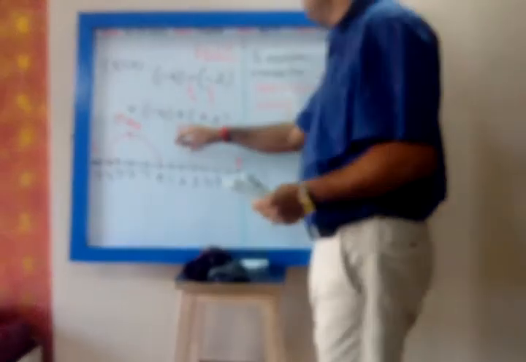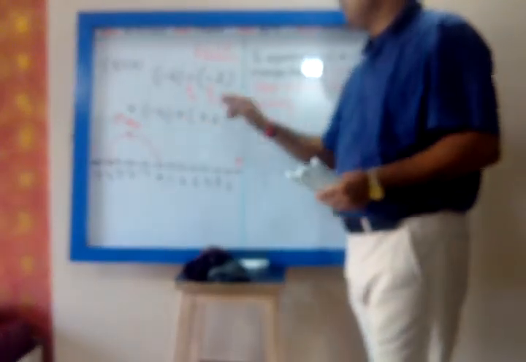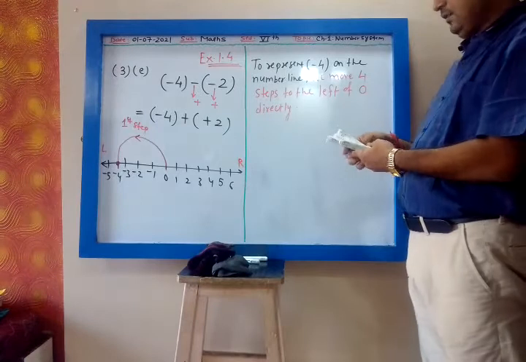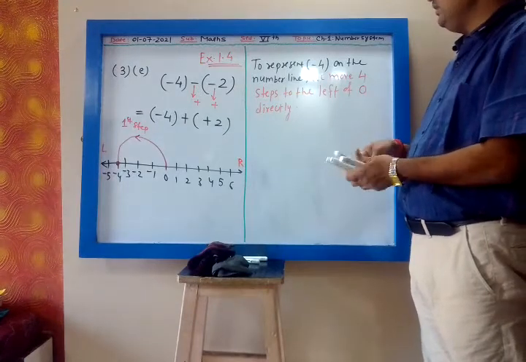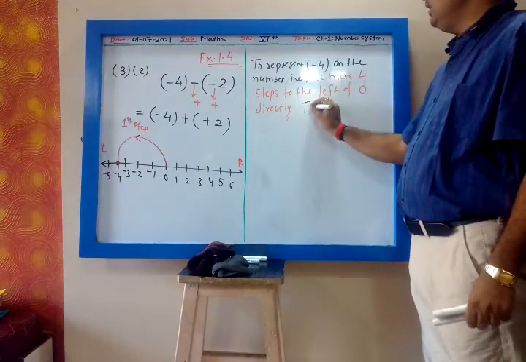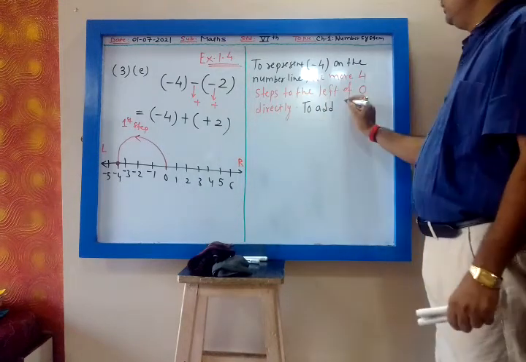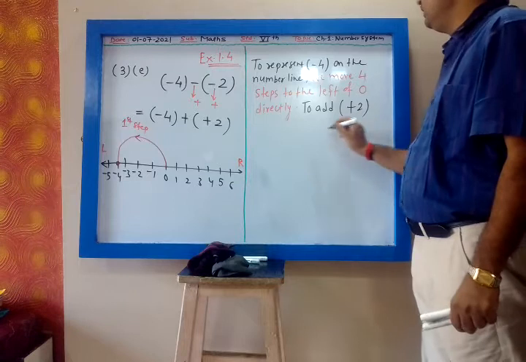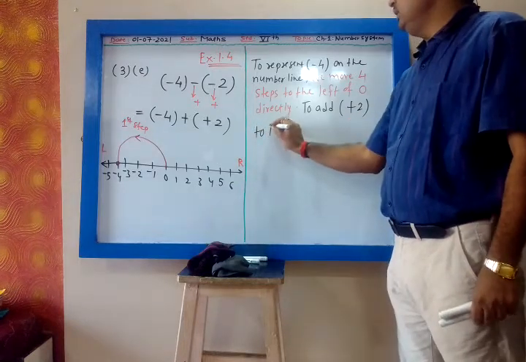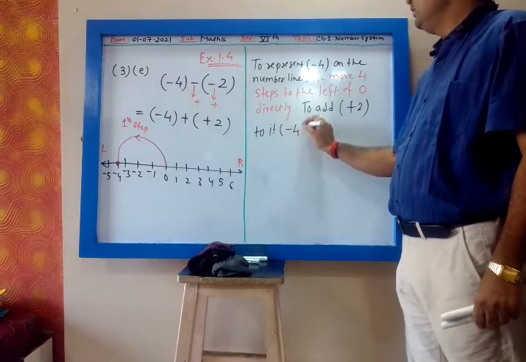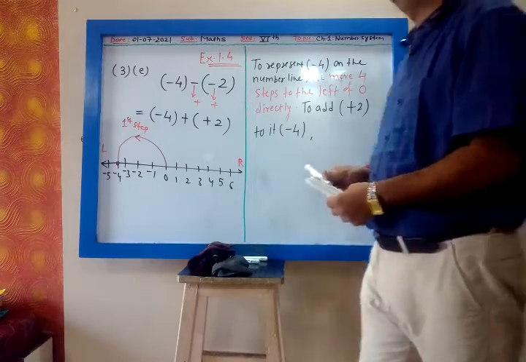Now to this number minus 4, we want to add plus 2. So now we write to add plus 2 to it. It means minus 4. Now how you will add plus 2?